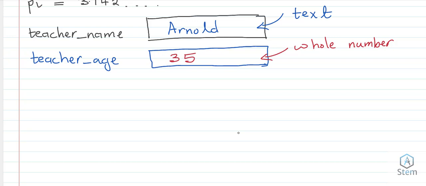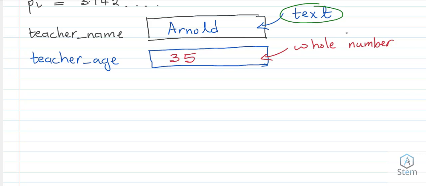Now, in programming, we have a concept called data types. And what it simply means is, what kind of data are you going to be dealing with? To give you a quick overview, you might be dealing with text data.